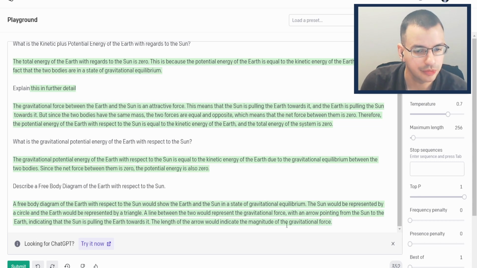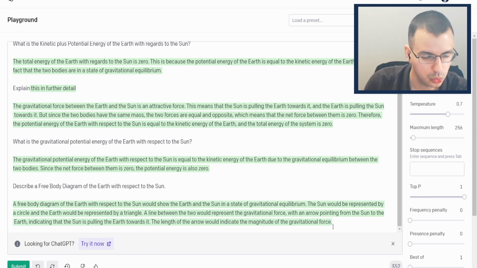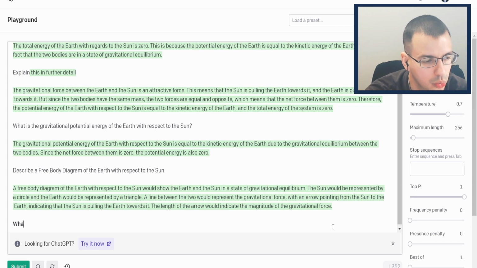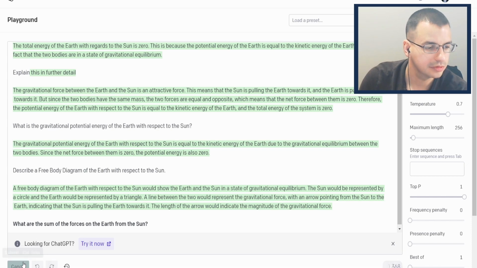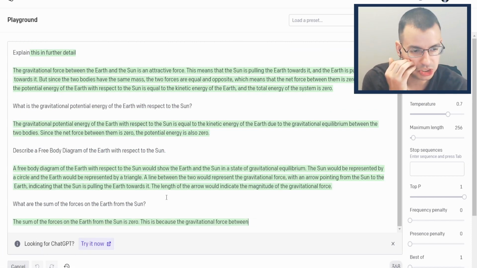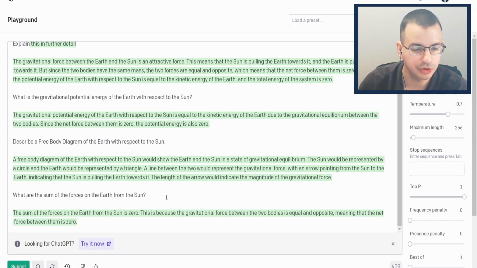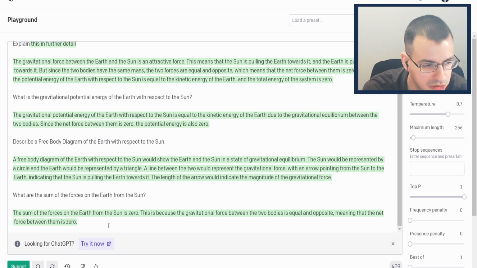What is the sum of the forces on the Earth from the sun? The sum of the forces is 0 because the gravitational forces are equal and opposite, meaning the net force between them is 0.